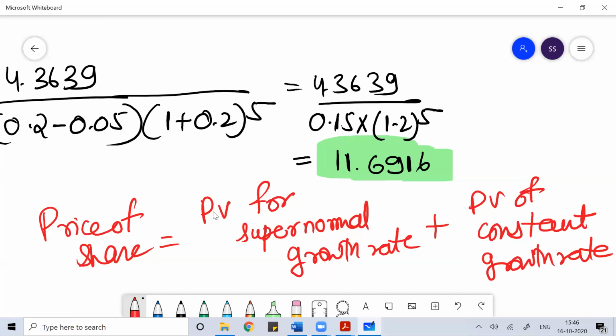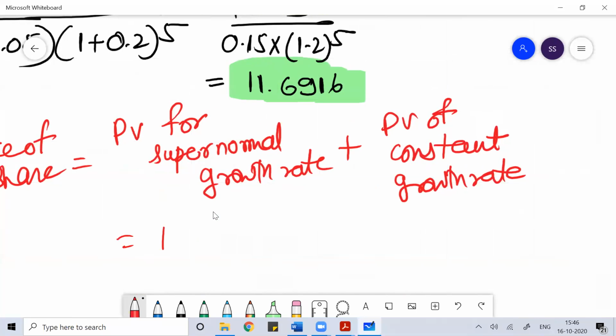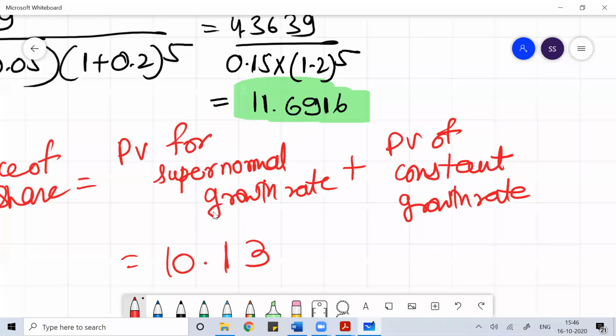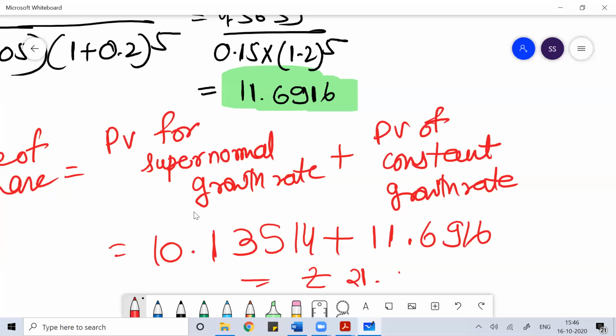So the supernormal growth rate present value was 10.13514, plus 11.6916. You add them. It is equal to 21.8268. This is the price.